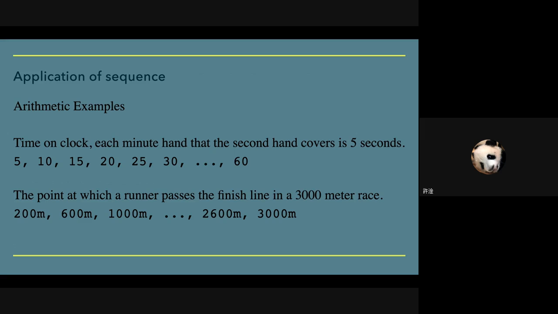The second example is the point at which a runner passes the finish line in a 3,000 meter race, for example 200 meters, 600 meters, 1,000 meters, 2,600 meters, and finally 3,000 meters.